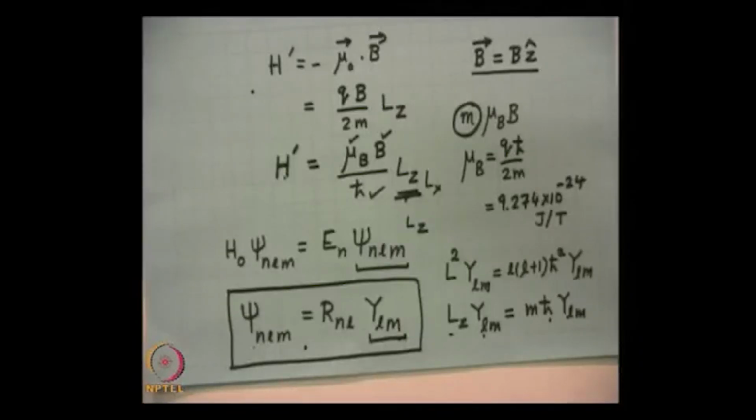So I have told you 2 very important examples. One is the Stark splitting of the n equal to 2 state of the hydrogen atom, and the other is the Zeeman splitting when we neglect the spin of the electron.